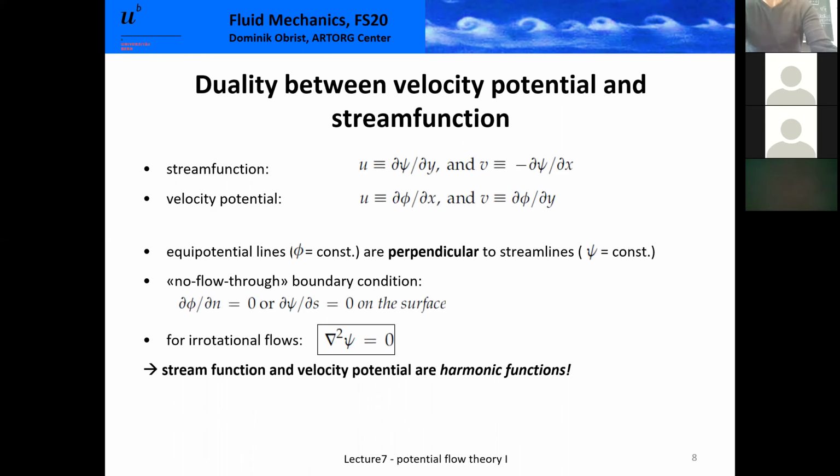So what this means, let's go back to this picture. The blue lines, the streamlines, are actually lines where psi is constant. And the yellow lines are lines where phi is constant.